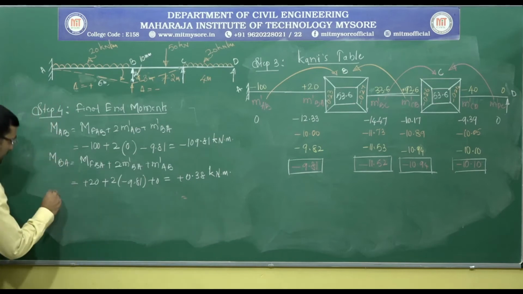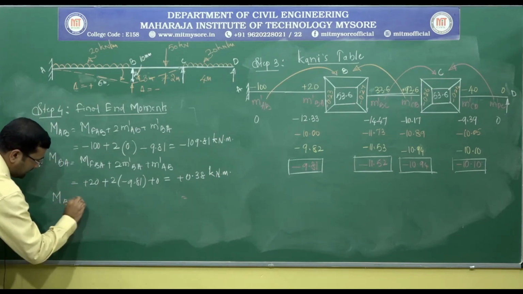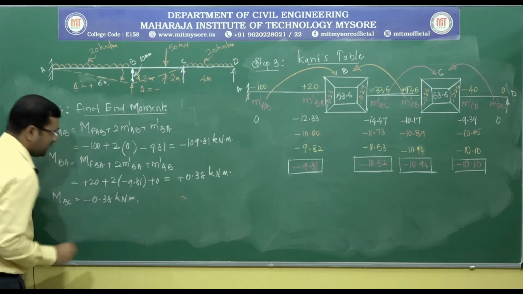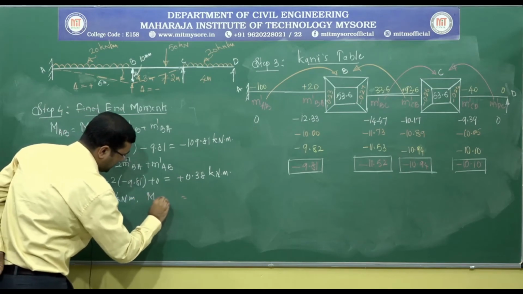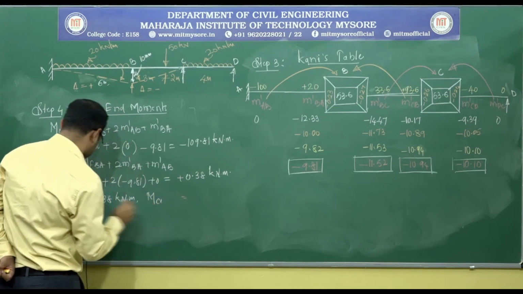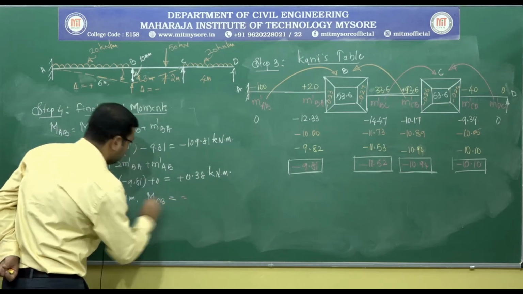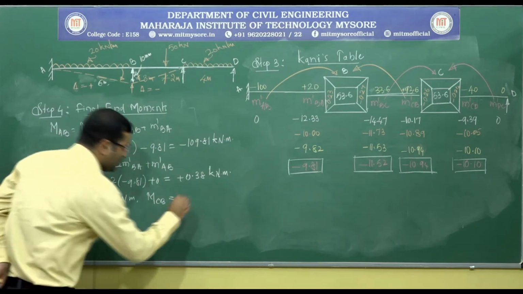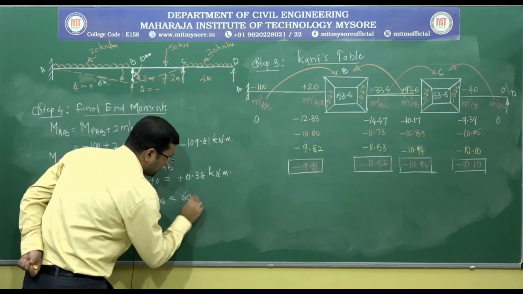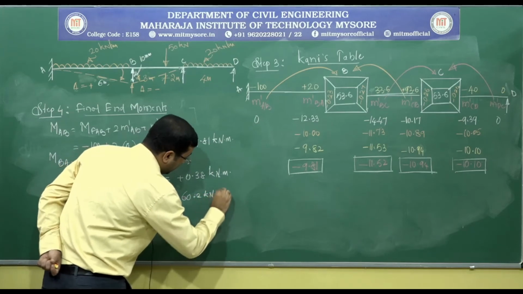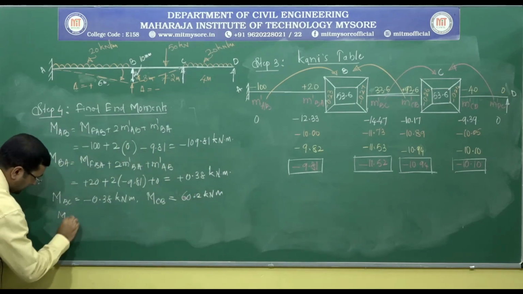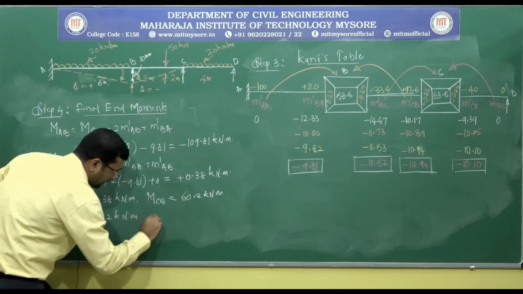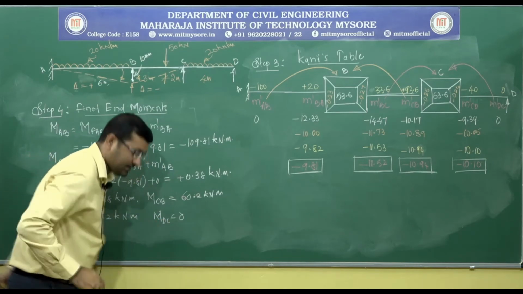Now similarly repeat it for the other span, that is MBC, you will get minus 0.38 kilonewton meter, and MCB as plus 60.2 kilonewton meter, MCD as minus 60.2 kilonewton meter, MDC you need to write it as 0.